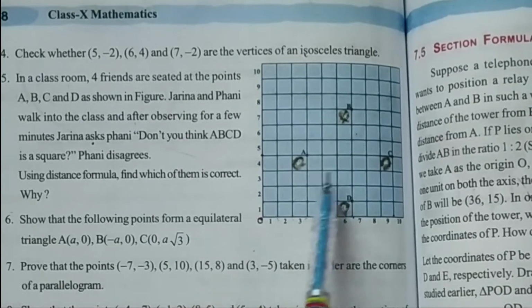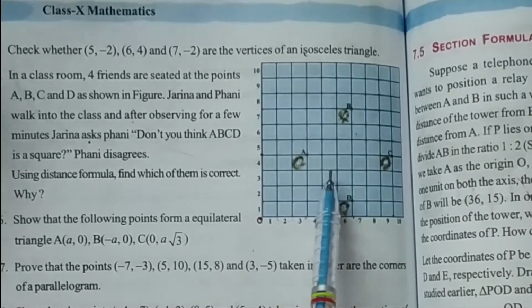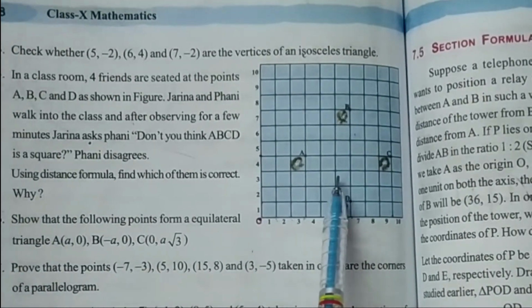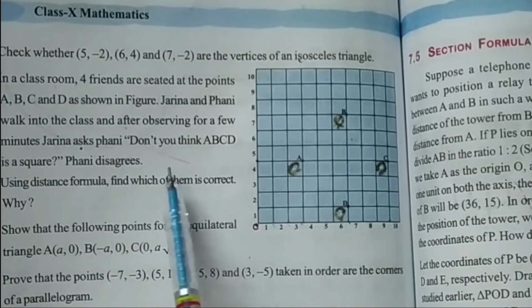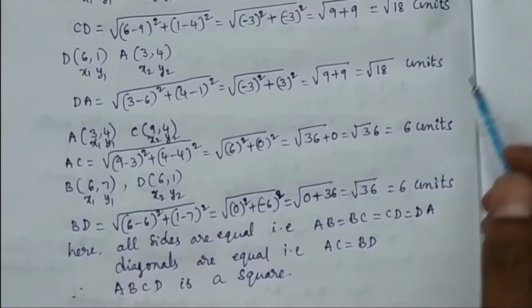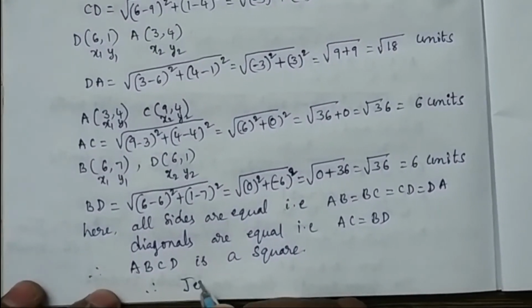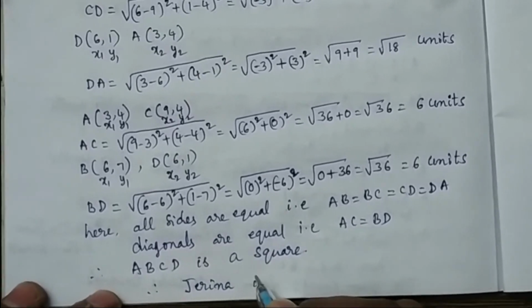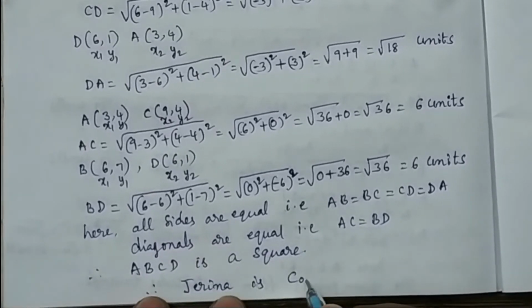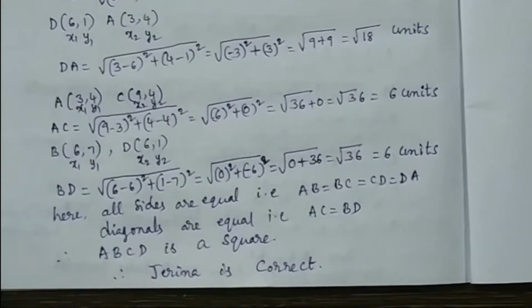So by observing this solution, it forms a square, so Zarina is right. Therefore here Zarina is correct.